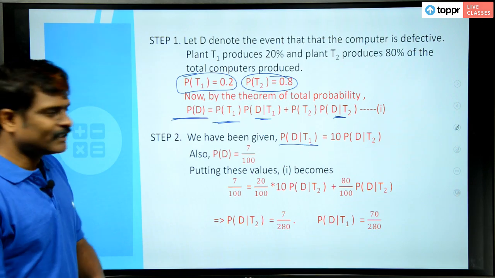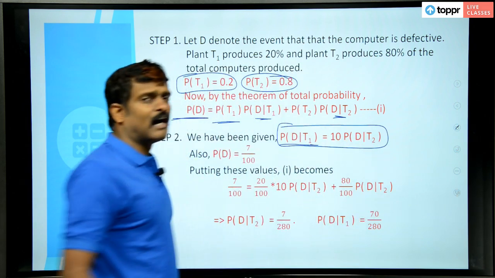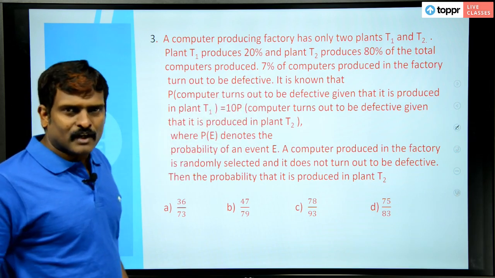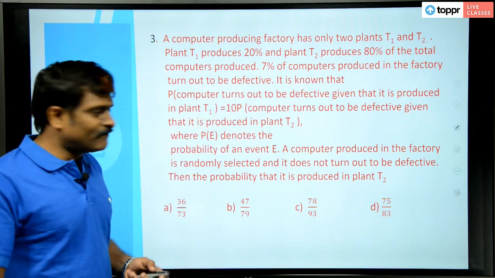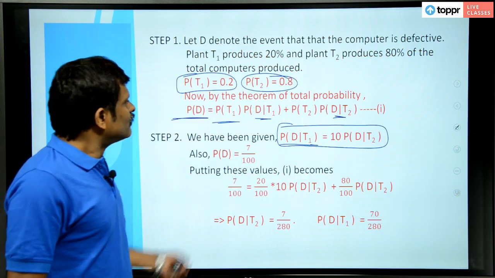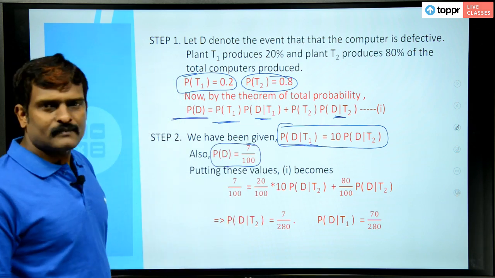When it is produced by T2, this is the condition given to us. So, we can use this. Also, we already know that the probability is 7% for a computer to be defective irrespective of which plant it is being produced in. So, using that I know the probability of D is 7 by 100.